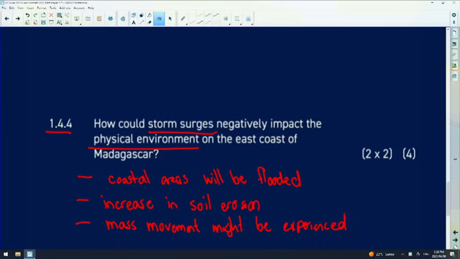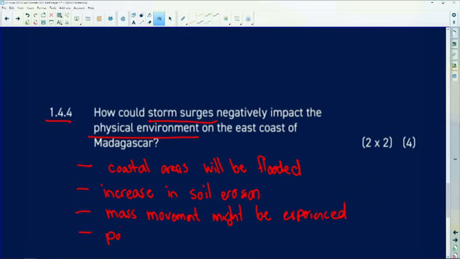And lastly, pollution of water resources. And destruction of habitats.